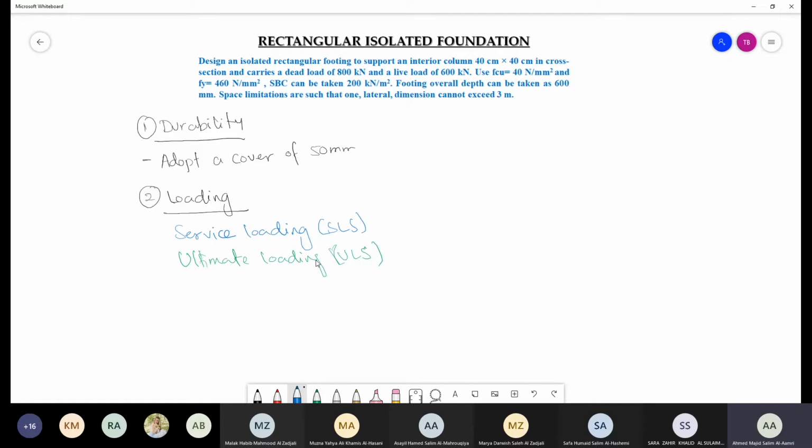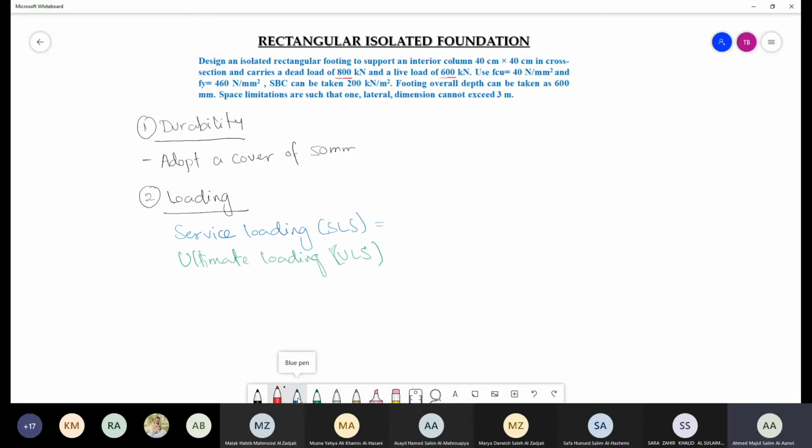Now for the service limit state, we said we are going to take the dead loads and live loads without taking into account the factor of safety. In this problem, we have been given that the dead load is 800 and the live load is 600.